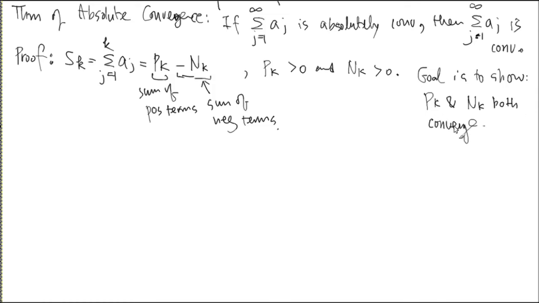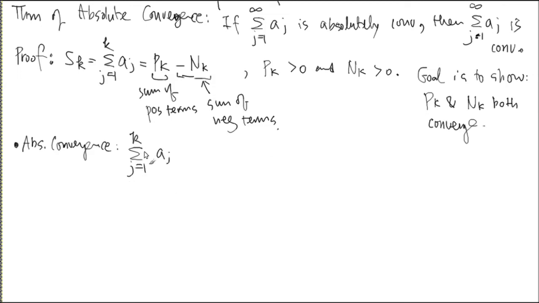What is the only condition we have here? There's no condition. It's just a very general description. The only condition we have is absolute convergence, right? So let's see what that means. The partial sum, j from 1 to k, of the absolute value of aj, what is that? Absolute convergence.